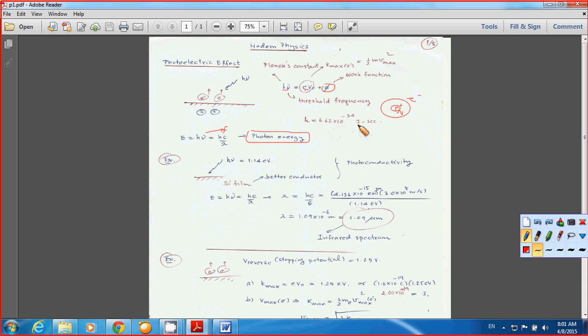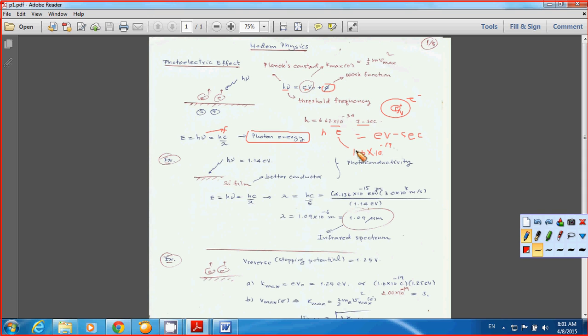In units of joule seconds, it is equal to 6.62 times 10 to the negative 34, and you can also find h in terms of electron volt seconds. Simply divide 6.62 times 10 to the negative 34 by the electron charge, which is 1.6 times 10 to the negative 19 coulomb.